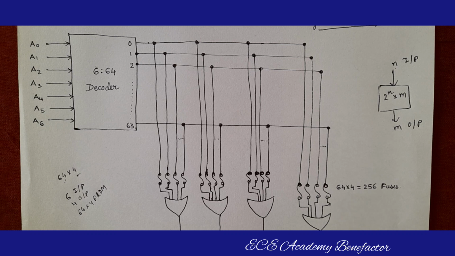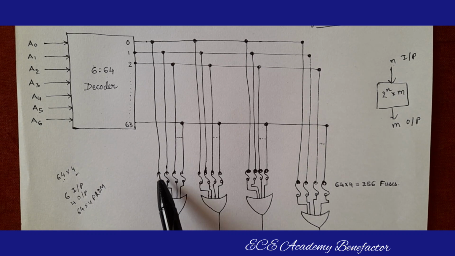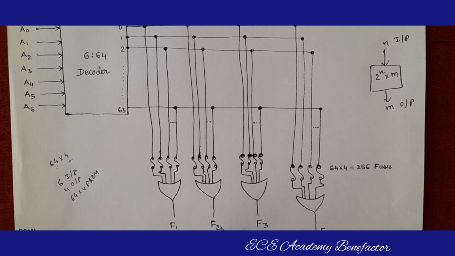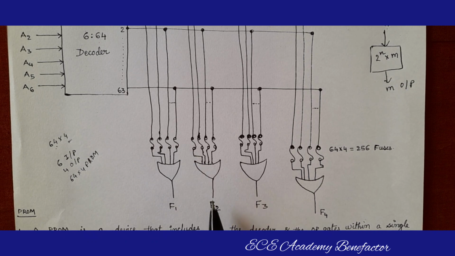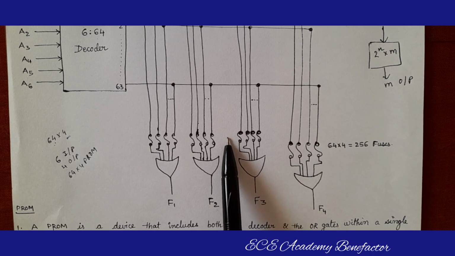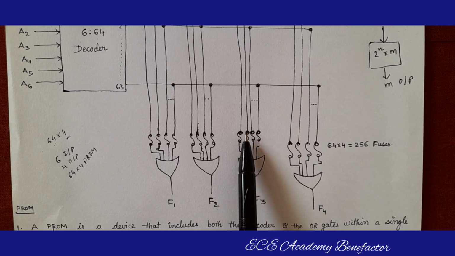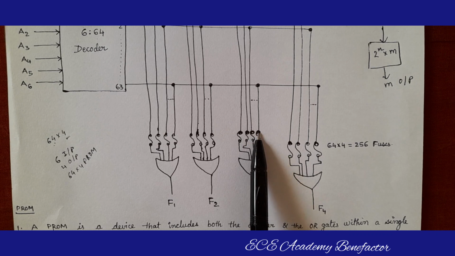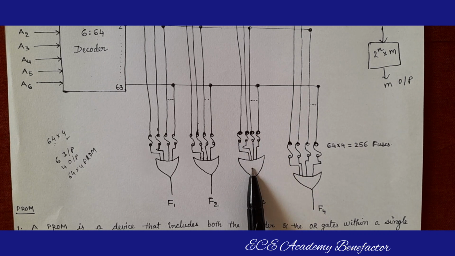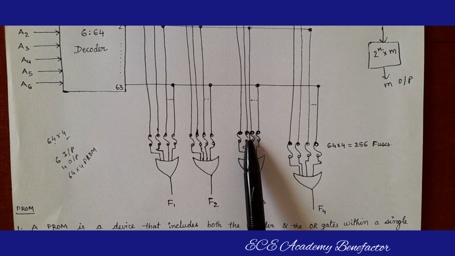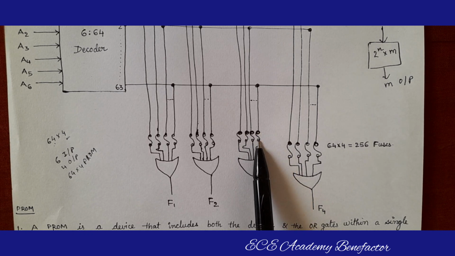If it is blown off, that path is incomplete, and from that line the output is 0. So, likewise we have drawn for F1 all the 64 lines, for F2 all the 64 lines, for F3 all the 64 lines, 0 to 63, connected to this OR gate through fuses.